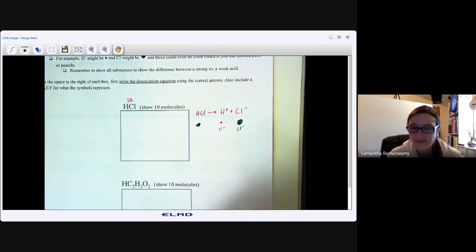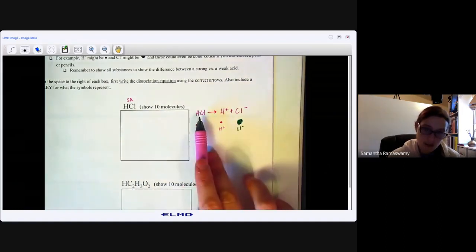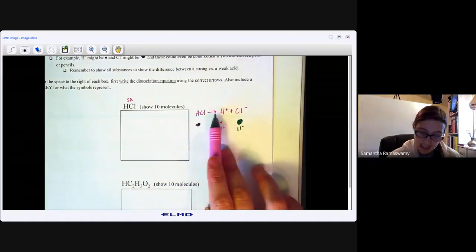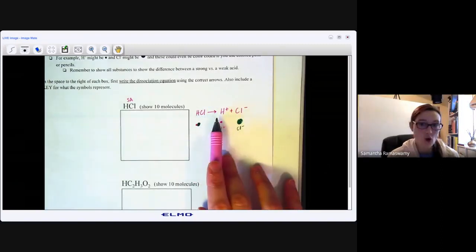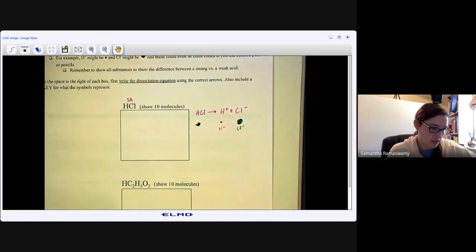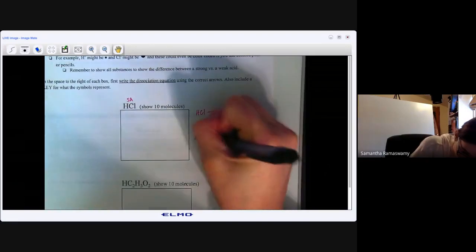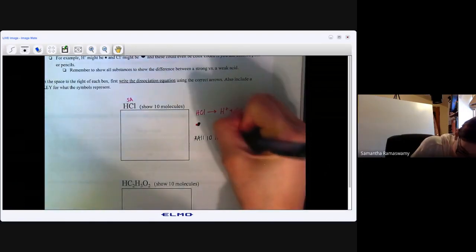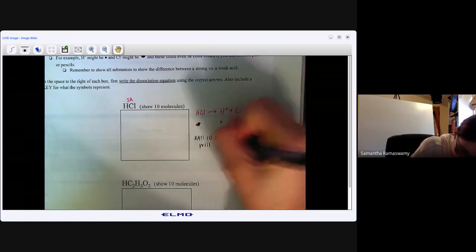Now for showing 10 molecules. If I have 10 molecules of HCl, it's a single arrow. 10 molecules will completely break apart. All 10 molecules will dissociate.